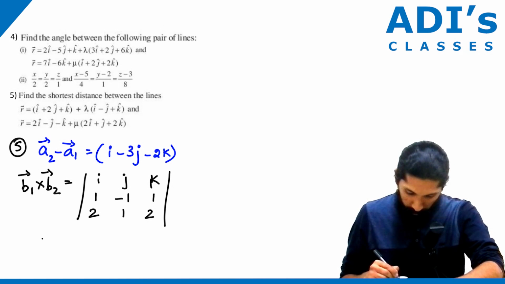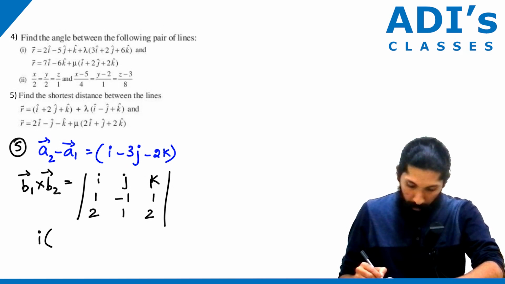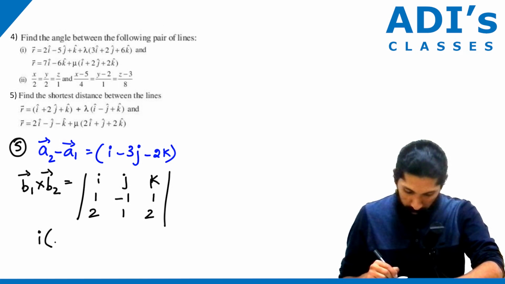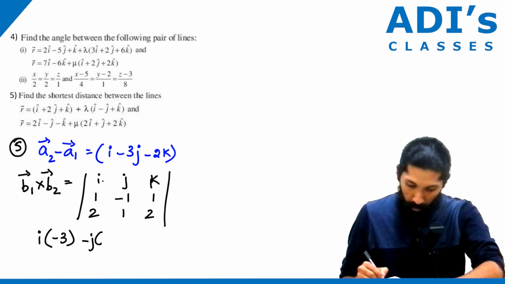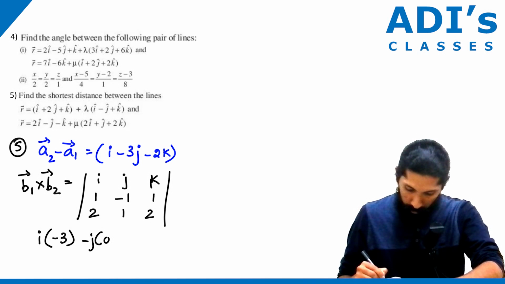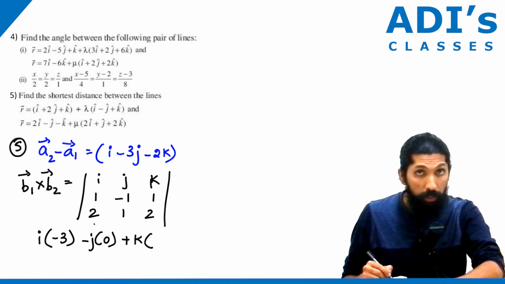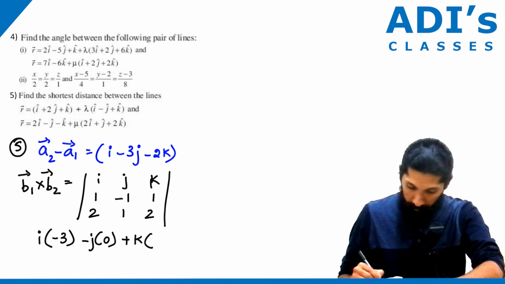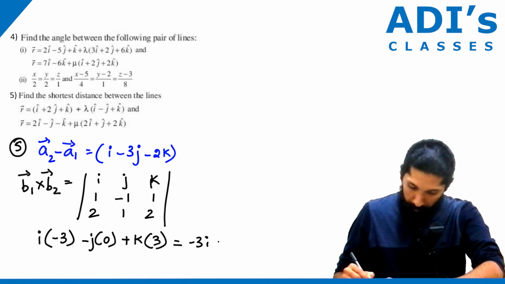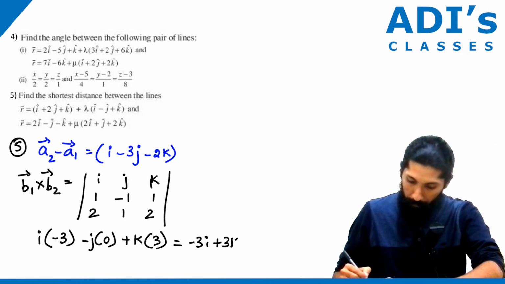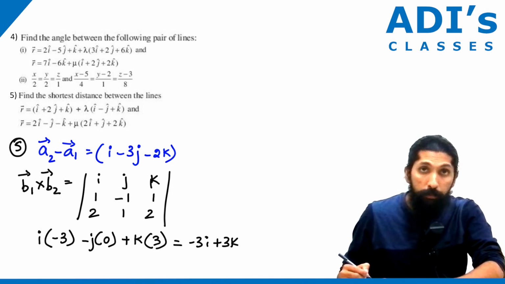Okay, so this is going to become i into minus 2 minus 1, minus 3, minus j into 2 minus 2 is 0, plus k into 1 plus 2. 1 plus 2 is going to be 3. So what do we get? Minus 3i plus 3k. Now this is b1 cross b2.